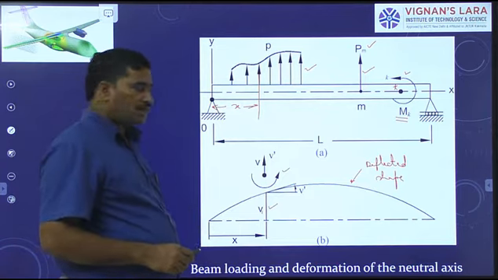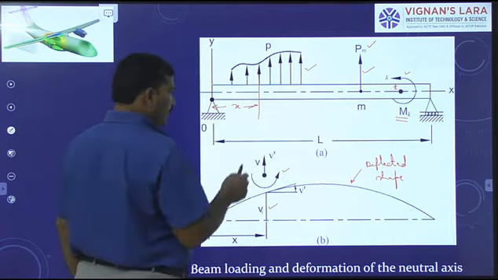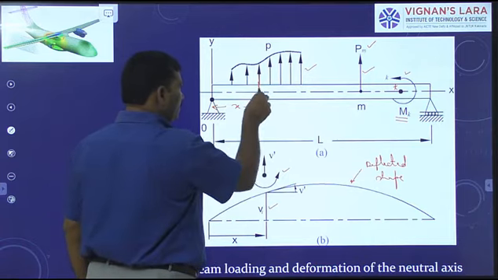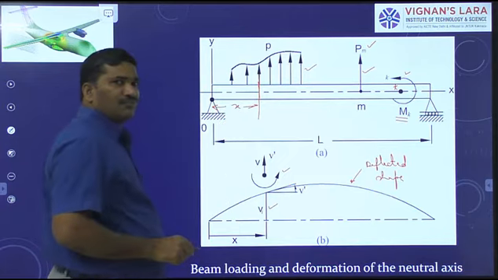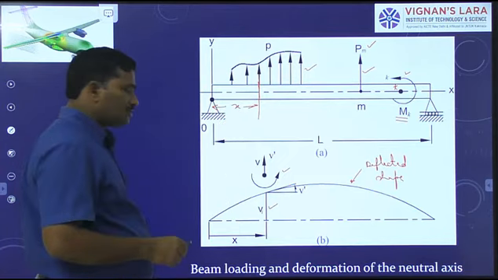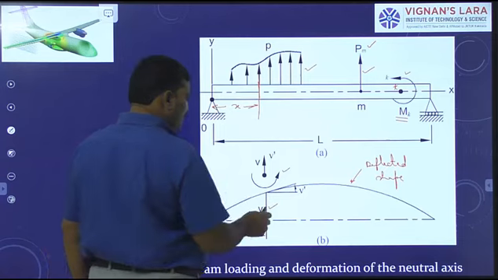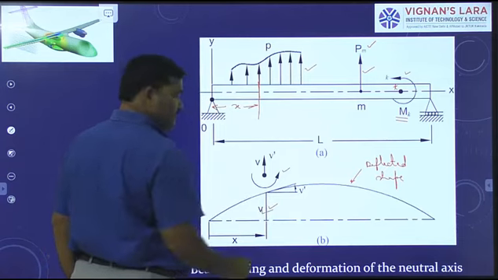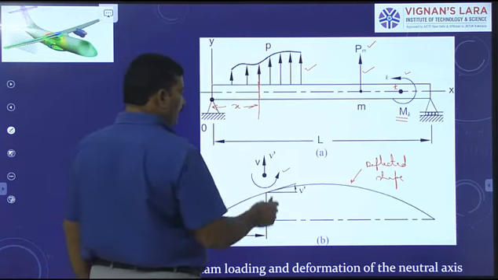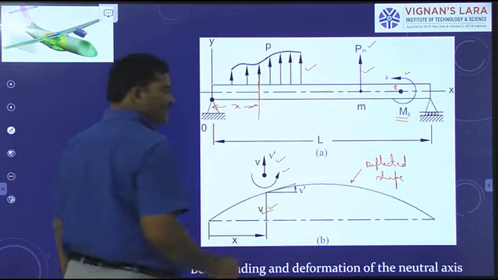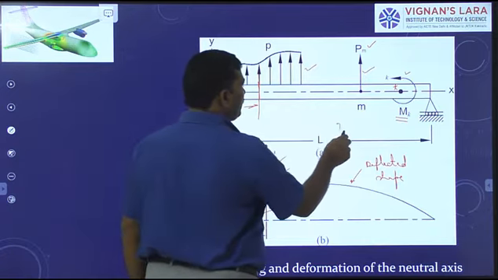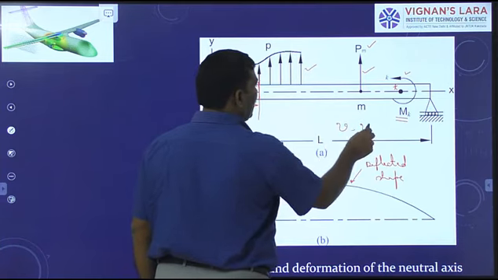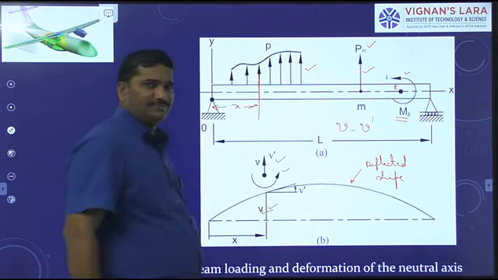So therefore, the slope of the beam section distant x from the first end, in addition to the deflection, you can determine. What is the deflection here? V, the beam deflection. And what is the slope? It is V dash. If V is the beam deflection, V dash is the slope.